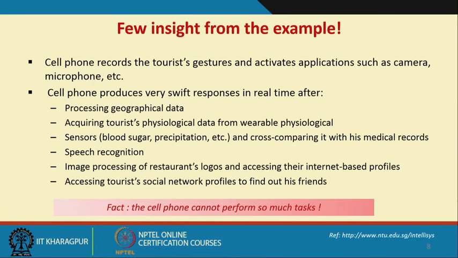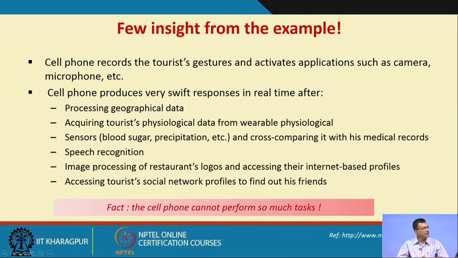The cell phone is somewhat omnipresent and records the tourist's gestures and activities, with applications such as the camera and microphone. The cell phone produces very swift real time responses after processing geographical data, if it is interfaced with the geo cloud, acquiring tourist physiological data from wearable physiological sensors, like blood sugar etc., and cross comparing with the medical records, right. So, if somebody needs some medical help, this can be initiated automatically, before something serious happens.